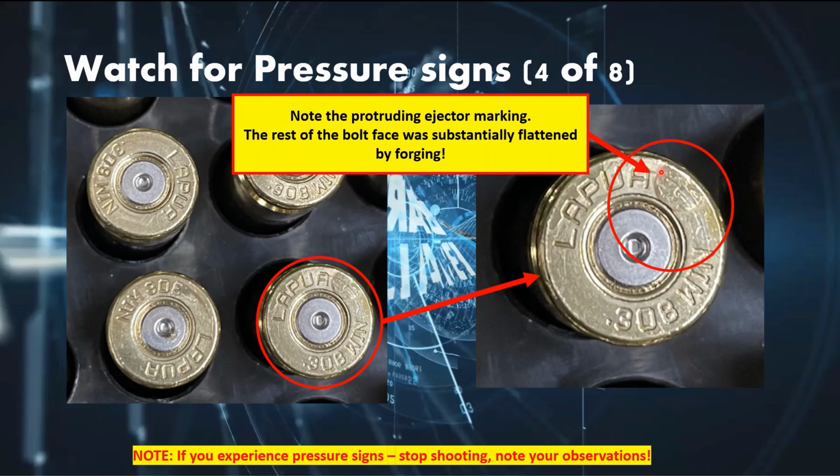The ejector is a piece of metal which helps you eject your spent case after it's fired. Because it's spring-loaded, it got pushed back by the brass, and this brass area here is not forged, so it protrudes in relation to that area here. If you see this happening, be aware that this is not the load you want to shoot every day. Stop shooting these rounds and don't go for hotter loaded rounds in your load development ladder.